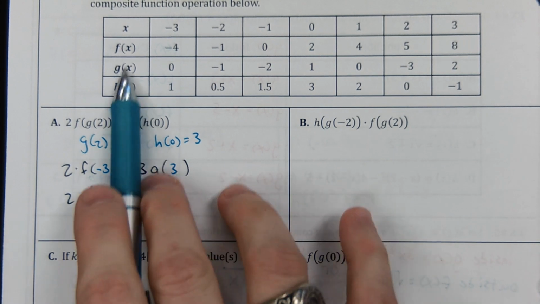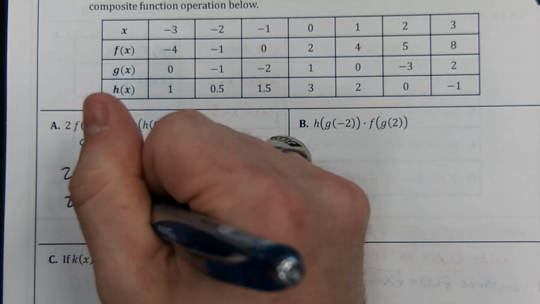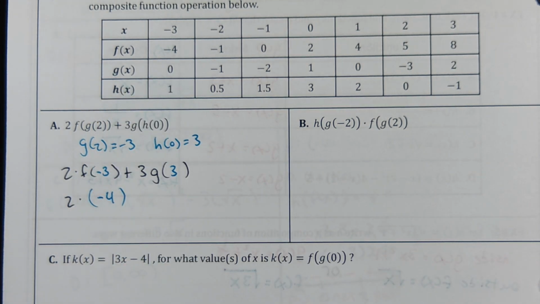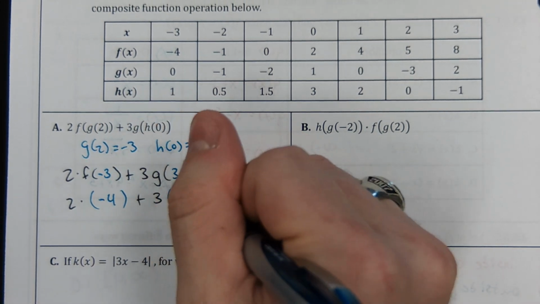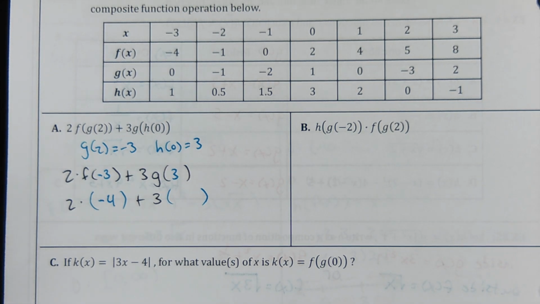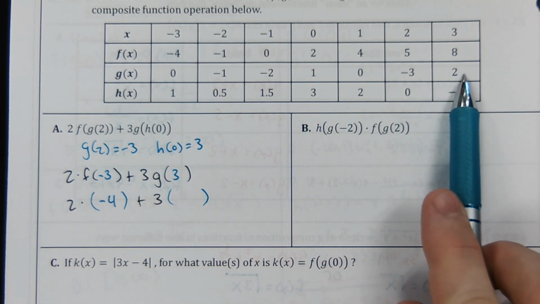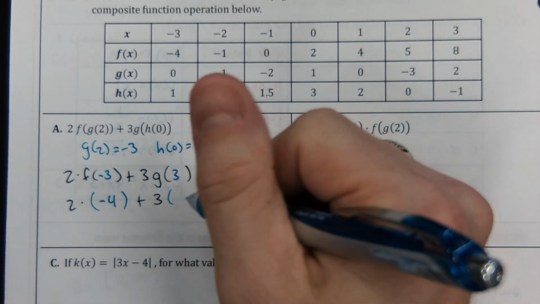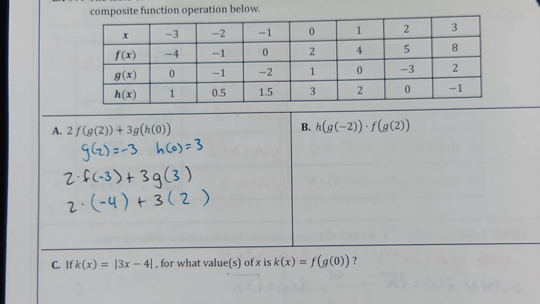Go to function f, track down x equals -3, bloop, right there, -4. And then 3 times, go to function g, and then track down x equals 3, way over here, 2. So what is that? -8 plus 6, -2.